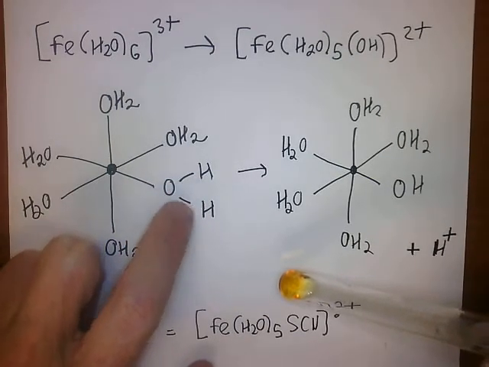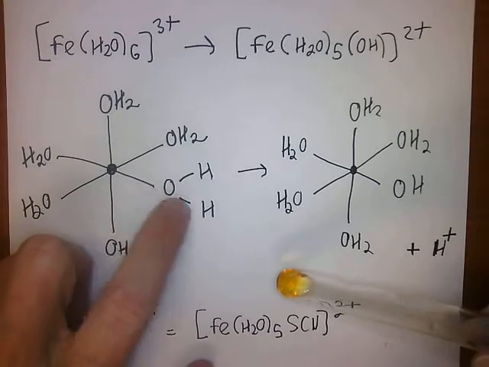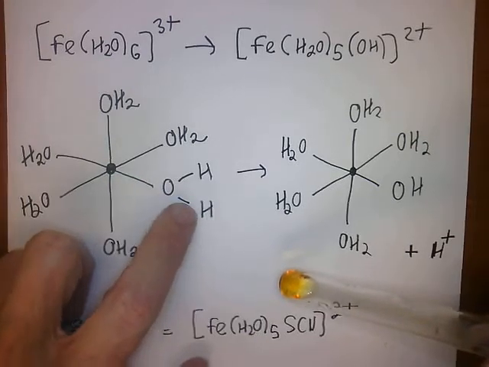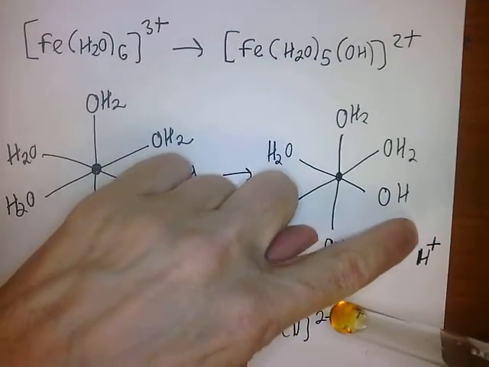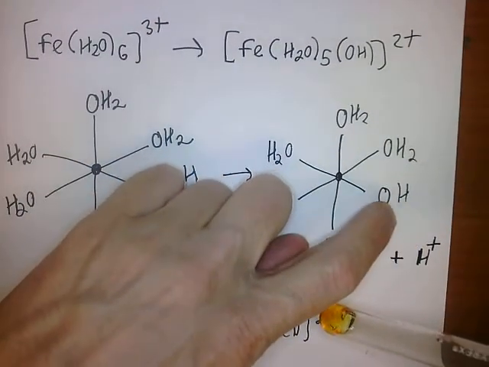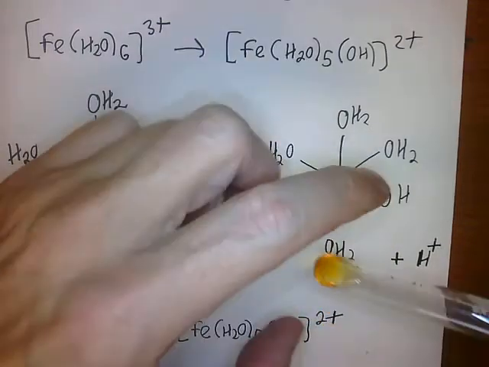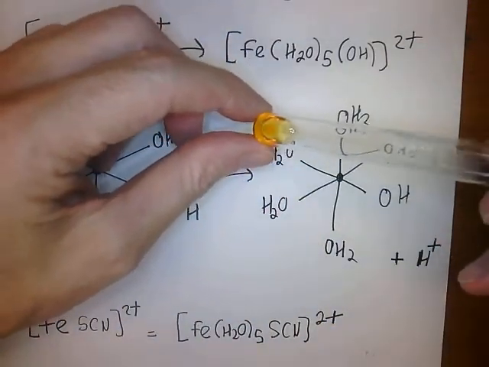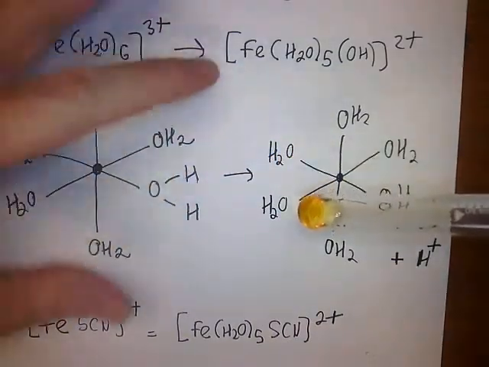In other words, one of the OH bonds gets weakened. This bond becomes so strong that one of the OH bonds is broken, and eventually the H plus ion pops off. That's how you're forming the hydroxide. If you test a solution like this, you would find the solution to be acidic because of this reaction.